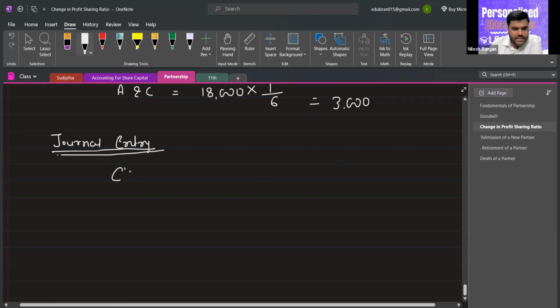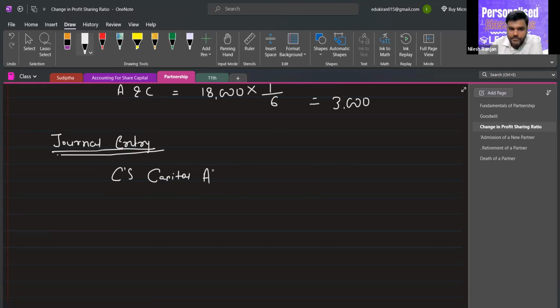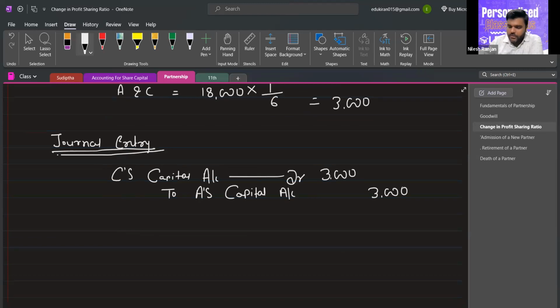So C's capital account debit to A's capital account, 3,000 and 3,000. Now tell me, is there any doubt? No, sir. Nisha, Ryan?